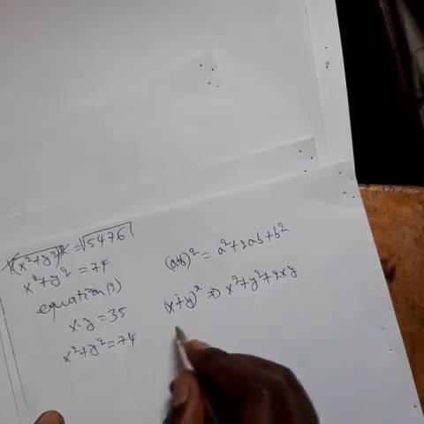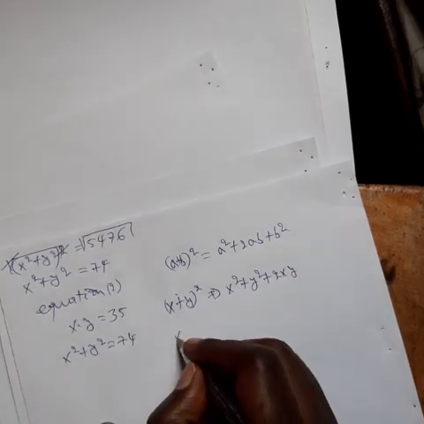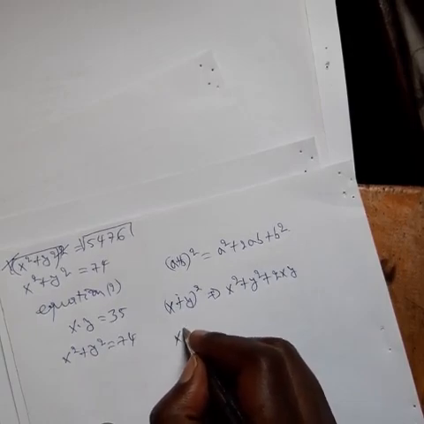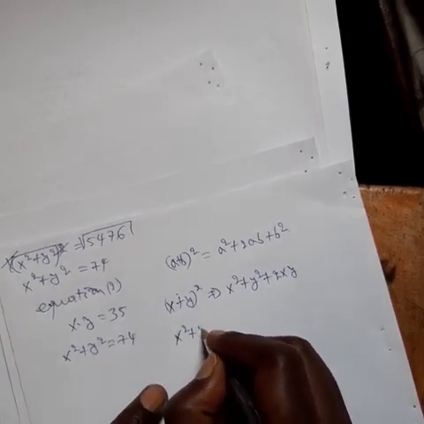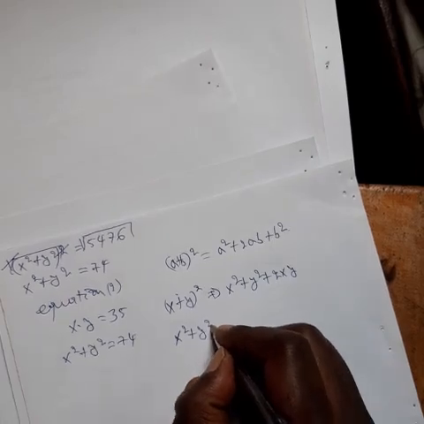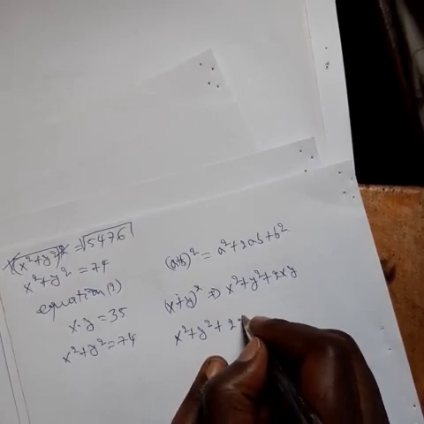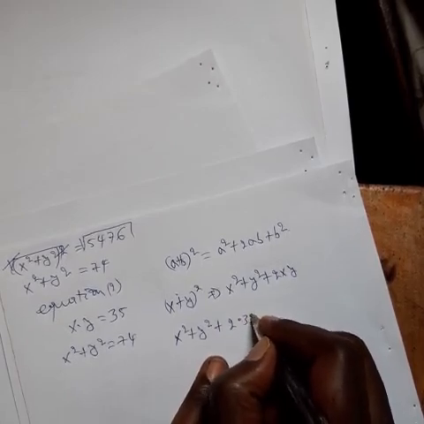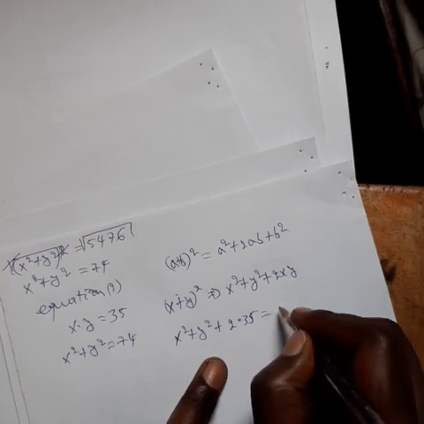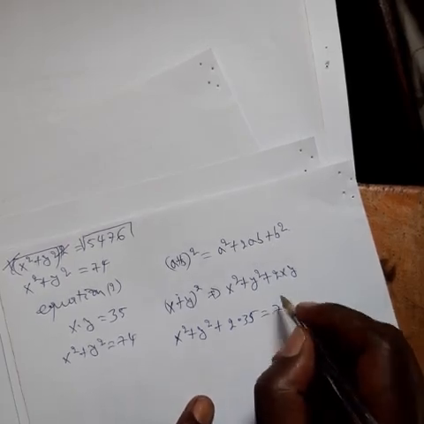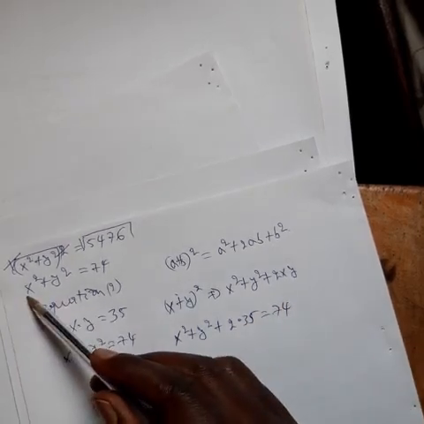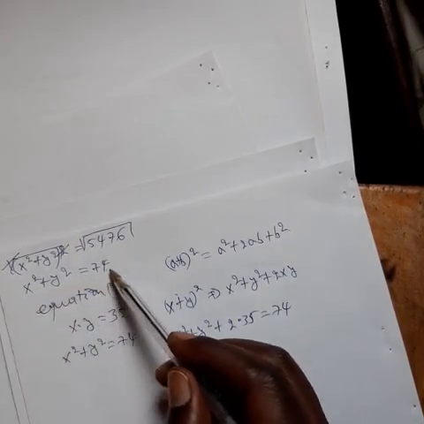So here we will have x squared plus y squared plus 2 times 35 is equal to 74, because x squared plus y squared is equal to 74.